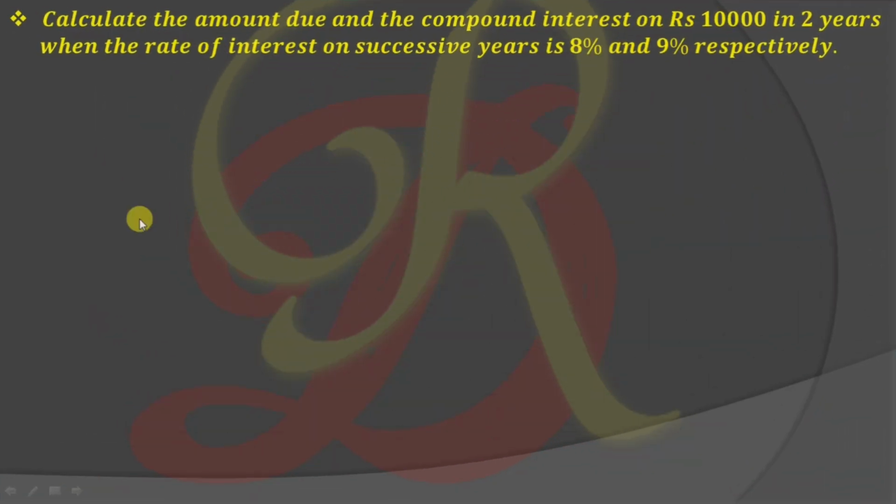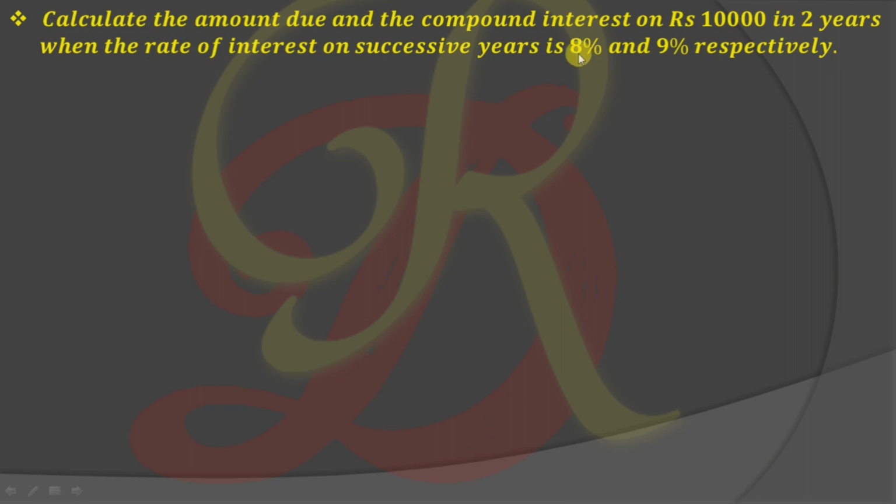Okay, next question, calculate the amount due and the compound interest. So now in this case we need to calculate the amount as well as compound interest on rupees 10,000 in 2 years when the rate of interest on successive years is 8% and 9% respectively. Now the point to be noted here is that in this problem we have a different rate.